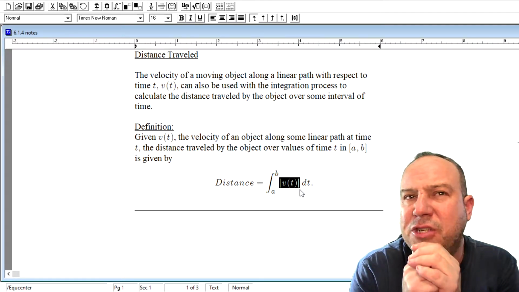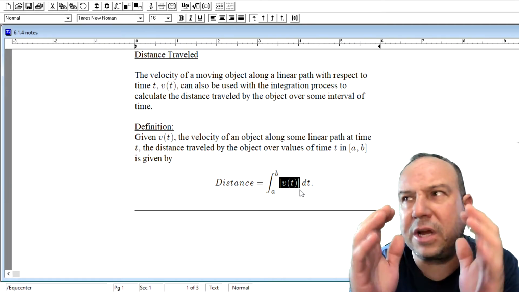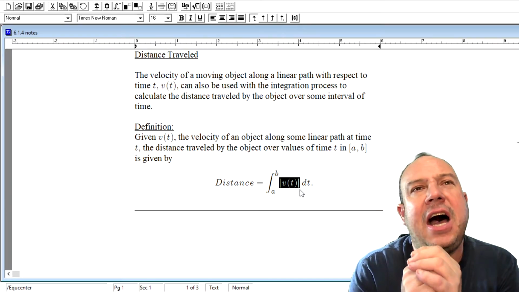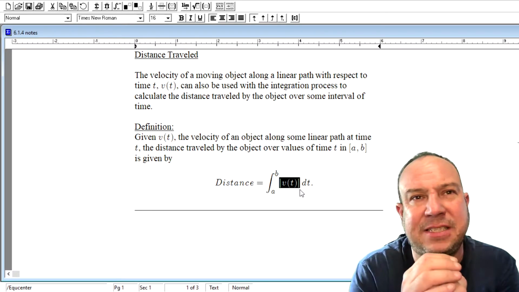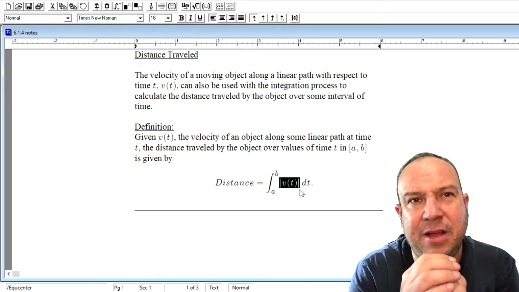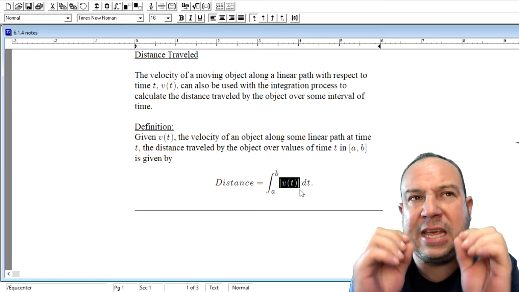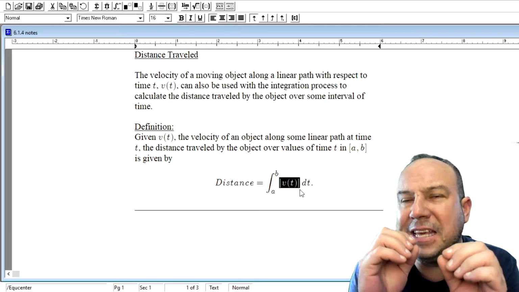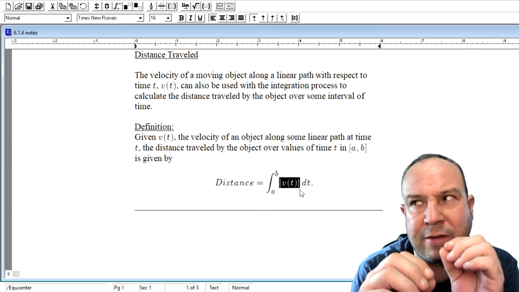The velocity function here is strictly positive in the distance calculation, meaning we are strictly looking at a strictly positive interpretation there. That is ignoring any change in direction in that motion, and is considering just the total distance traveled, whether we're moving towards or away from the origin.